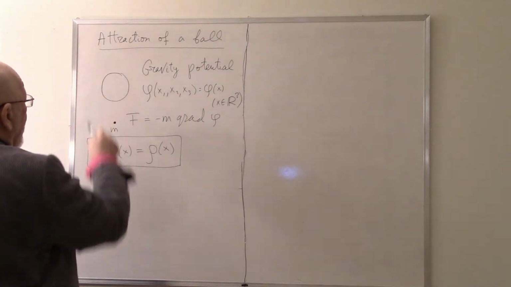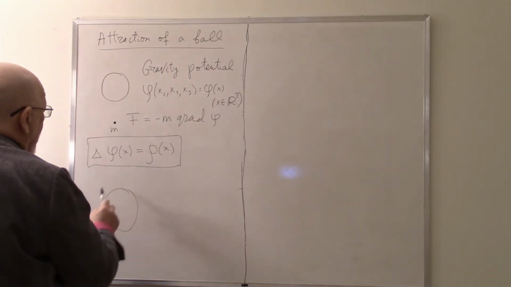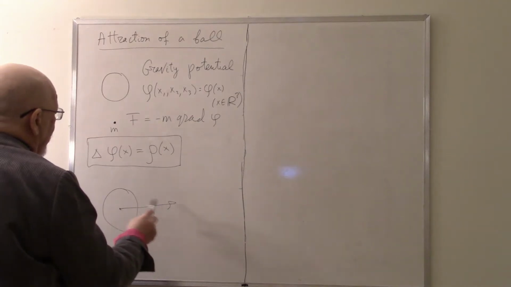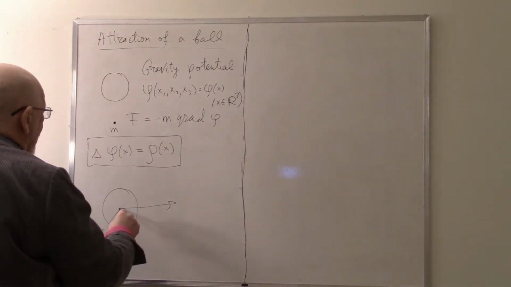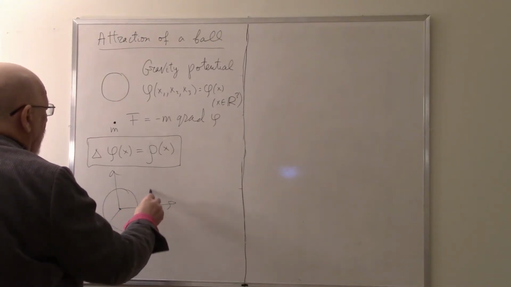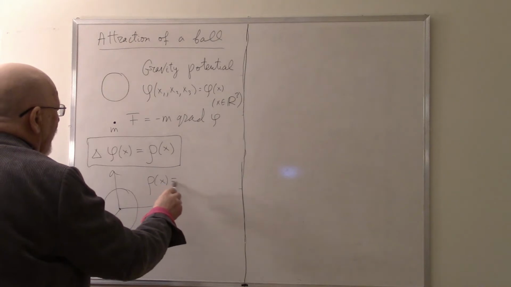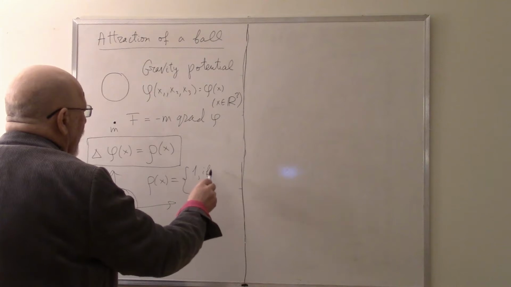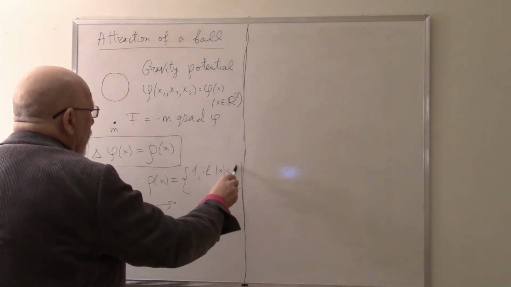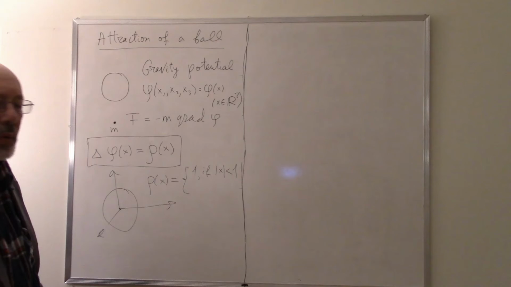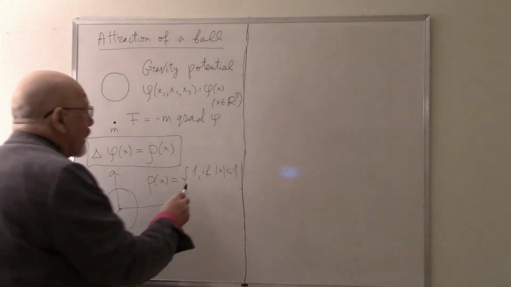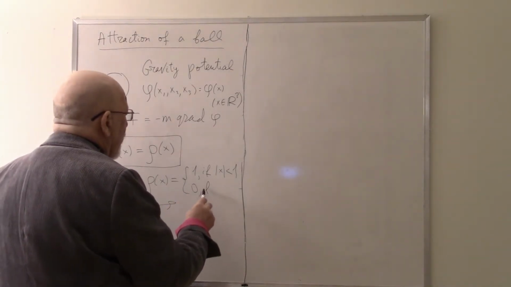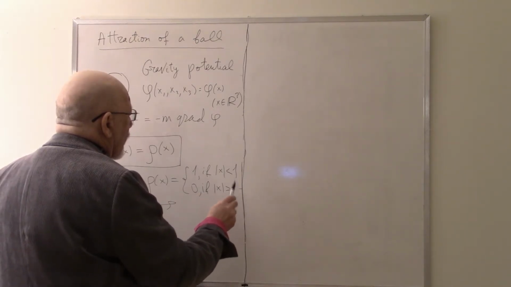And suppose we have a planet, again, I write it here. It is at the origin, and rho of x equals the following: 1 if modulus x is less than 1, the radius of this ball, suppose it is 1, and 0 if modulus x is more than 1.